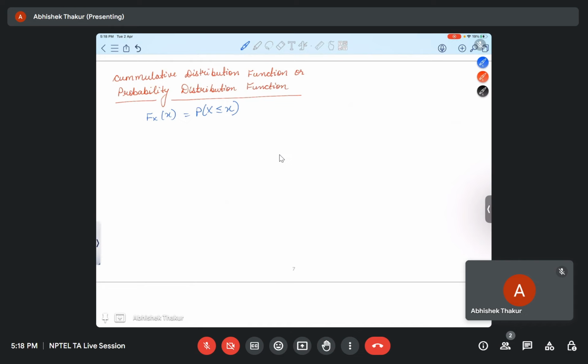CDF specifies the probability of random variable X taking the values up to small x. Okay.